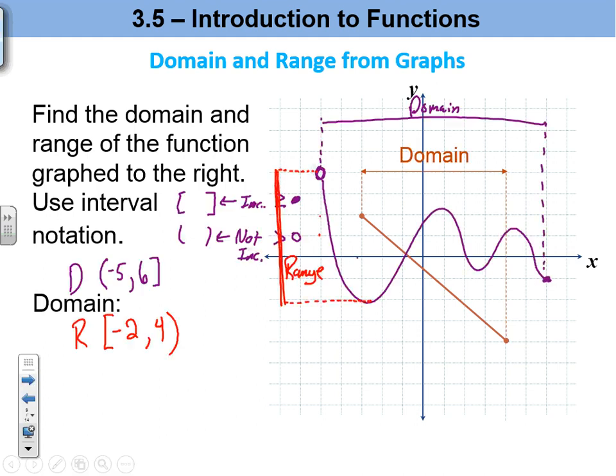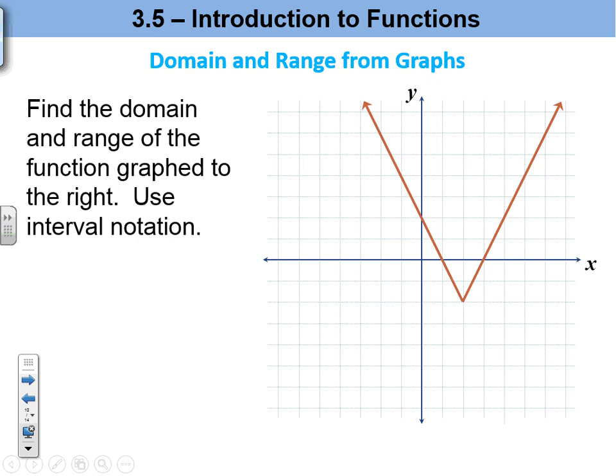Let's go ahead and fast forward just a bit to see where our next example gives us. Here, find the domain and the range of this particular graph. This is an absolute value function that we would see if we had an equation for it. You would see the absolute value symbol contained within it somewhere. And again, we're just kind of looking to see where does it stop on the x-axis.